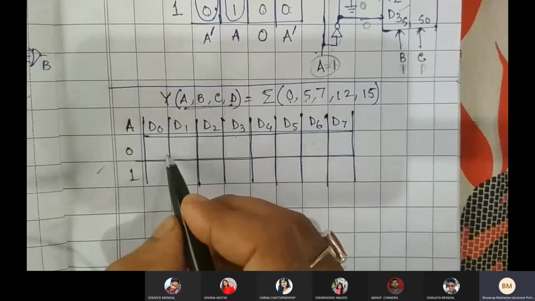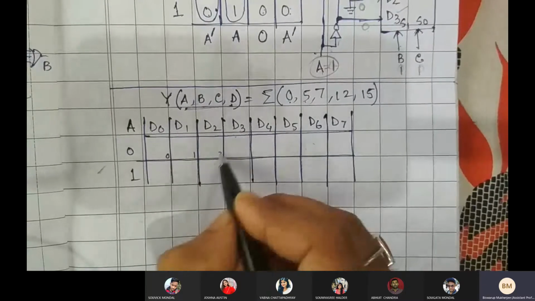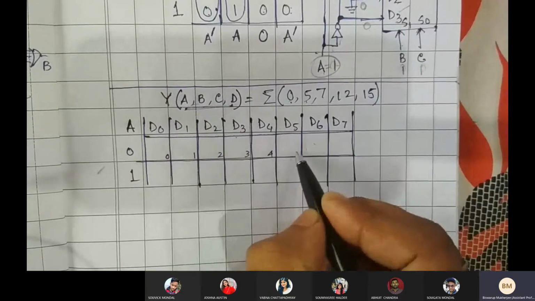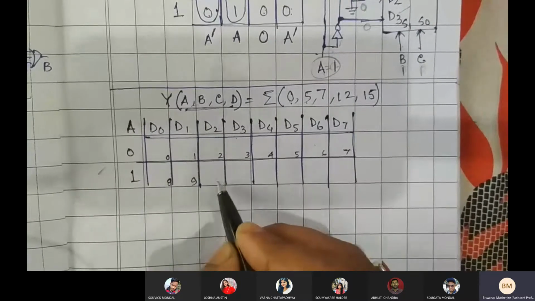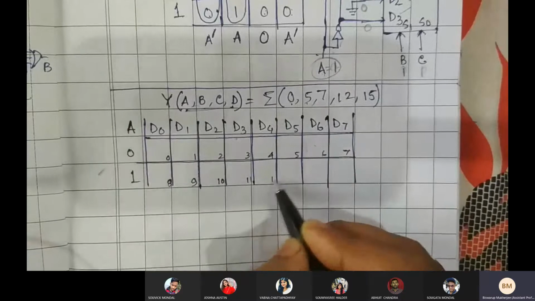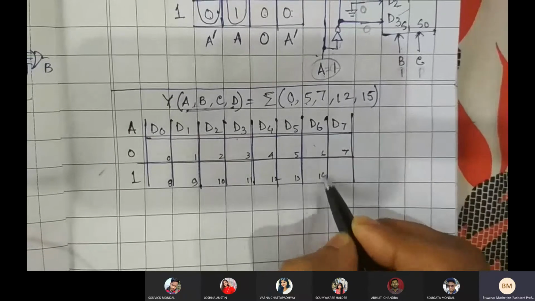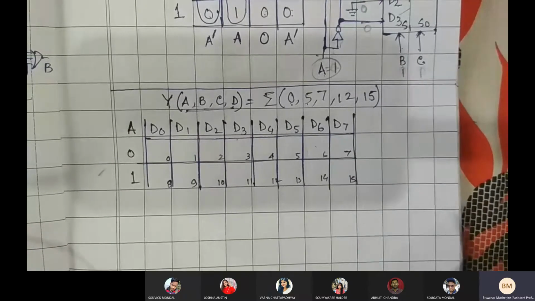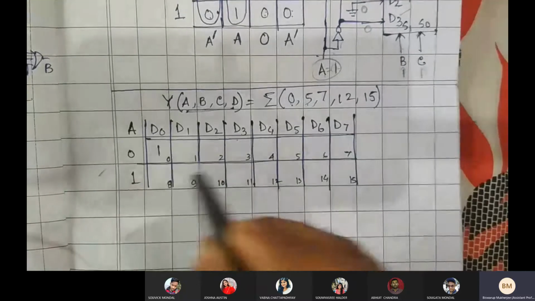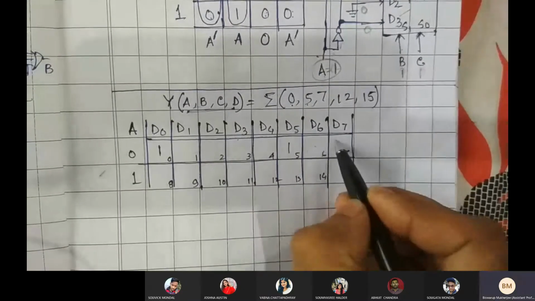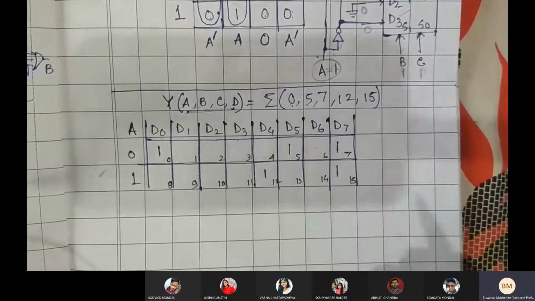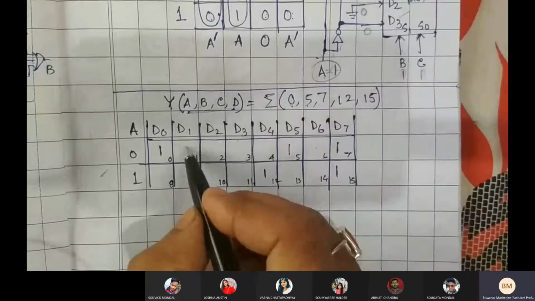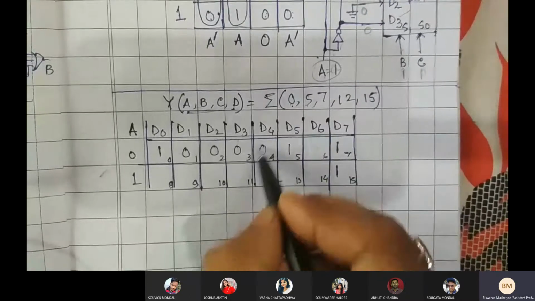So we can write it down like this also: 0, 1, 2, 3, 4, 5, 6, 7. This is the 8, 9, 10, 11, 12, 13, 14, and 15 position. You can write it down like this. So 0, 5, 7, 12, and 15, right? These are the 1 positions. Rest of the positions are 0.